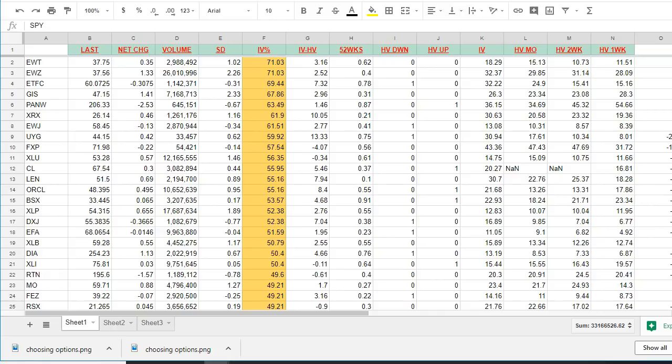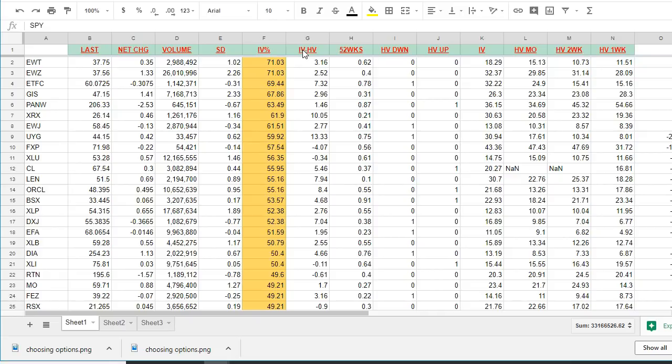Okay, now the first part, as you can see, I scanned the whole market. This would be the price column, price change, volume, and this is the daily standard deviation of the stock. And most importantly, the IV, implied volatility percentile. Next would be the historical volatility and IV, implied volatility.